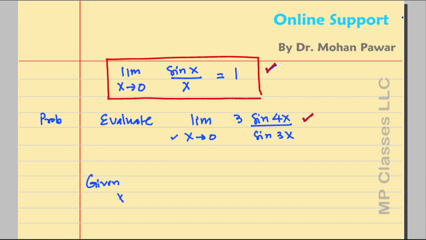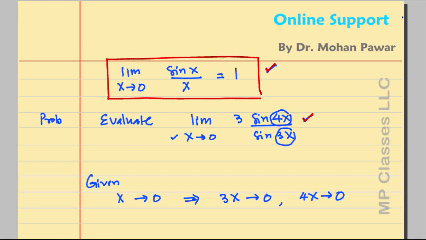So we say that given x tends to 0, this implies that 3x tends to 0. Also 4x tends to 0. And obviously, because I am seeing 4x here and 3x here, I am interested in these limits.